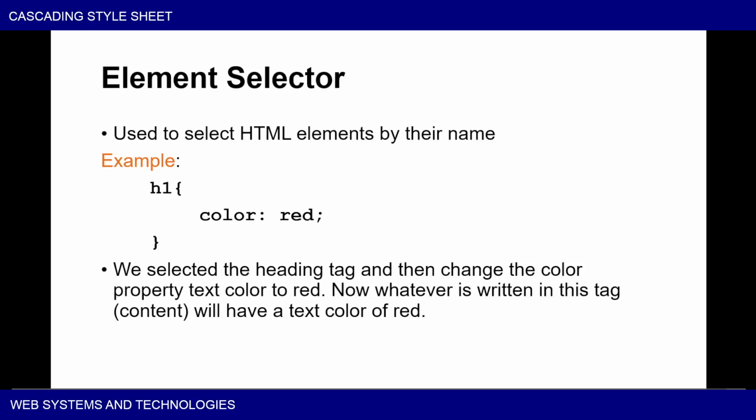So we know that h1 is an element, and the property that we are going to change here is the color, which I already shown kanina. So we selected the heading tag and then changed the color property text to color red. So whatever is written in this tag o kung ano yung content niya sa loob ng H1. So lahat ng H1 will have a text color of red.